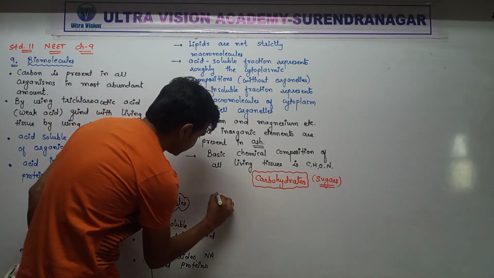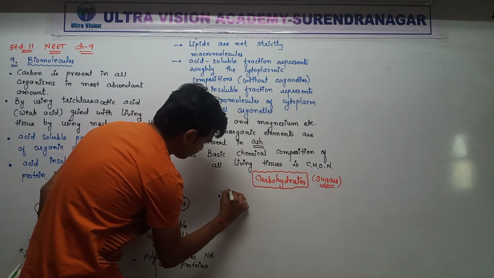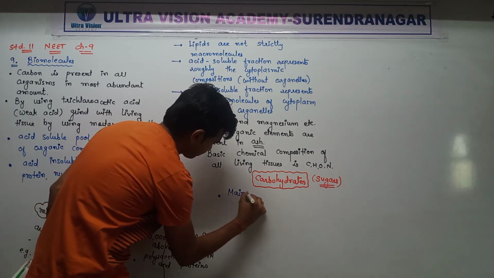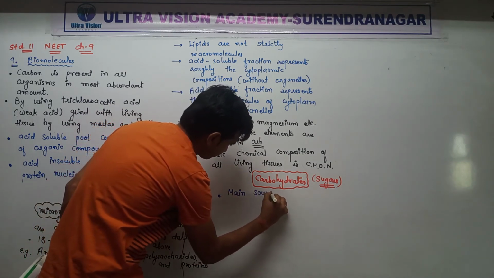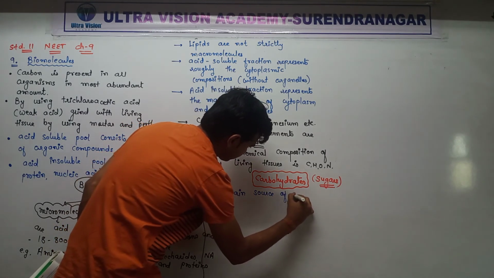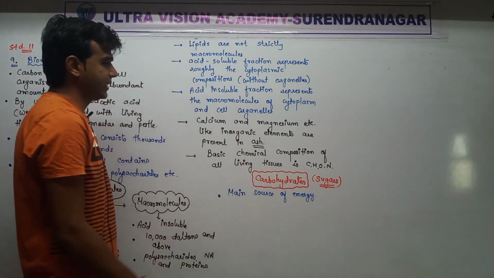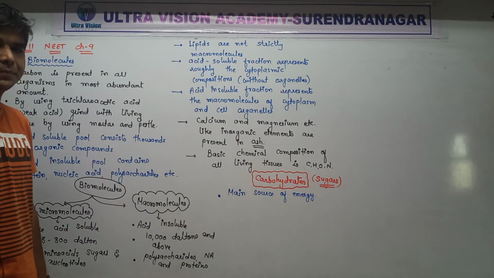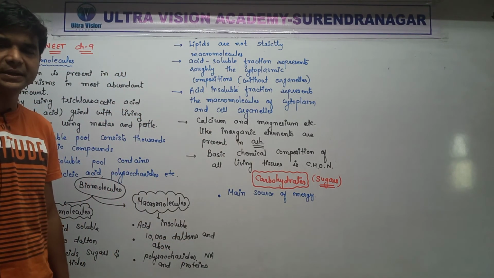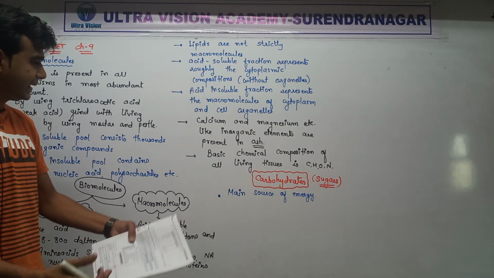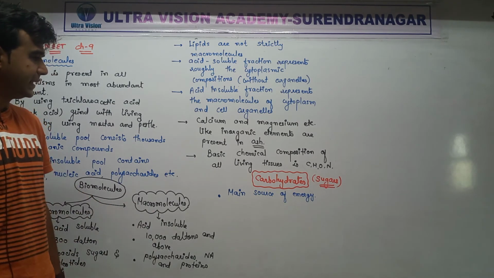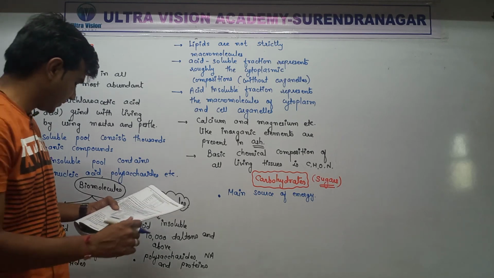Main source of energy. In our body, carbohydrates, proteins and lipids are present, but basically we obtain energy from the carbohydrates.